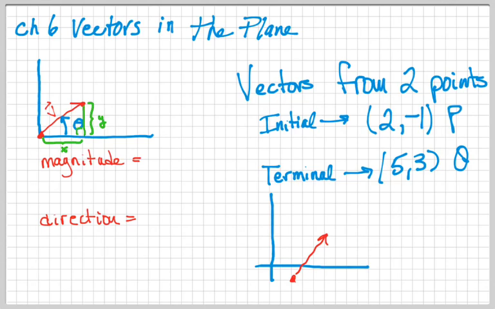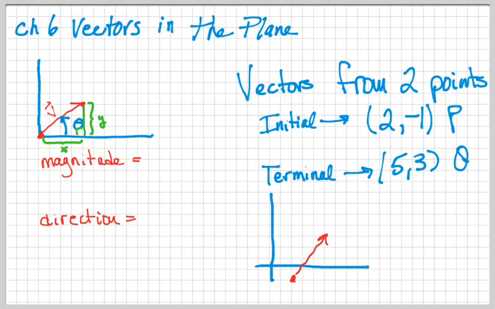Magnitude is literally what you think of. If I were going to find the length of that red vector, how would I do it? The Pythagorean theorem sounds fantastic. Since it's the simplest form of it, let's just call that the magnitude formula.